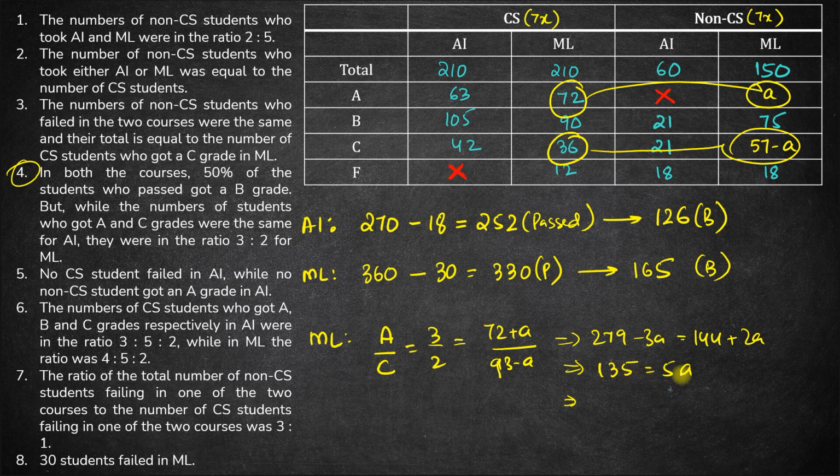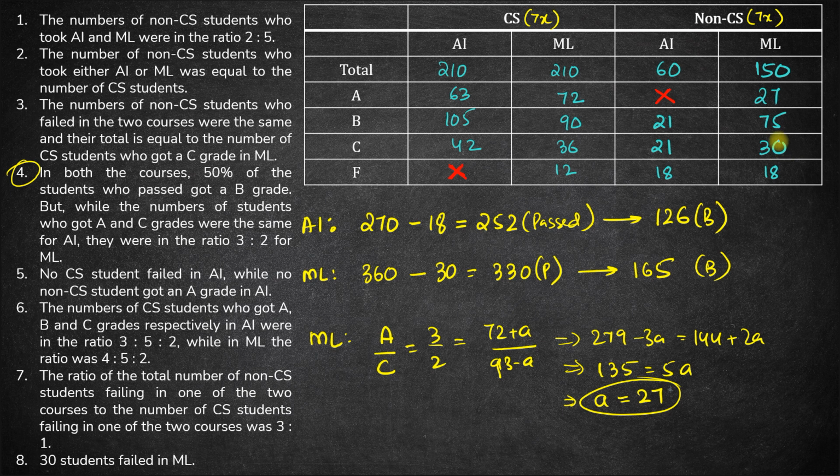So 135 is 5A. So A comes out to be 27. The value of A is 27. So from here, if A is 27, this value will be 57 minus 27, which is 30. And this completes the whole table for us, right?